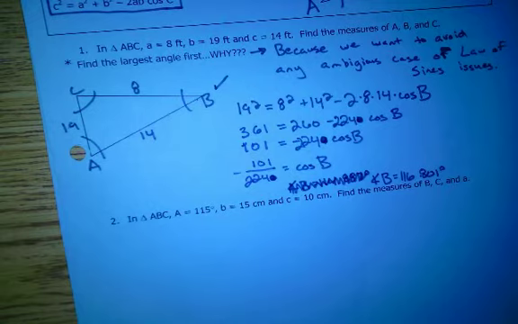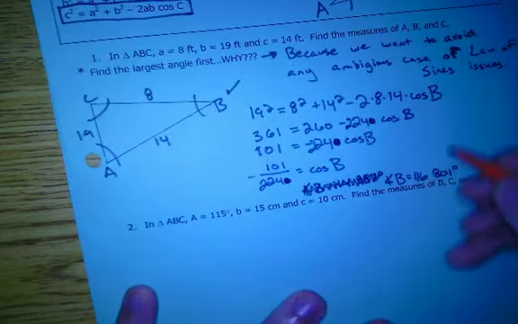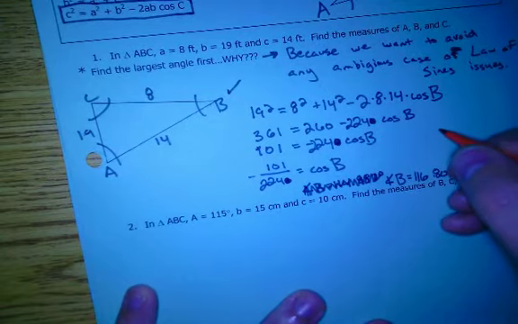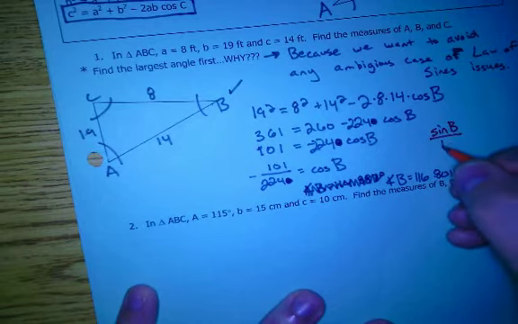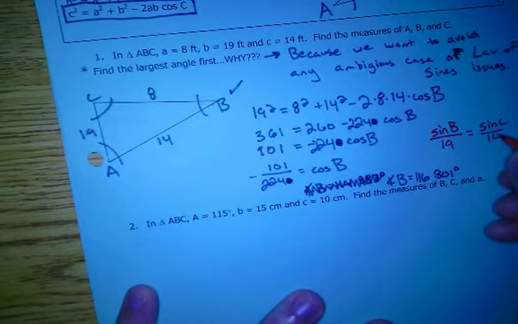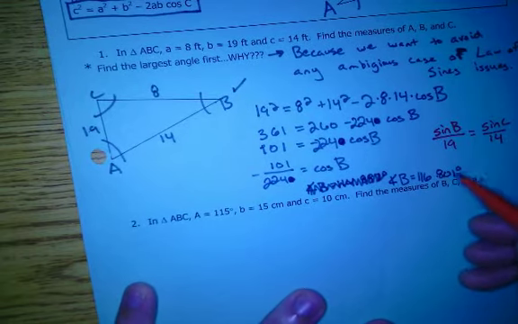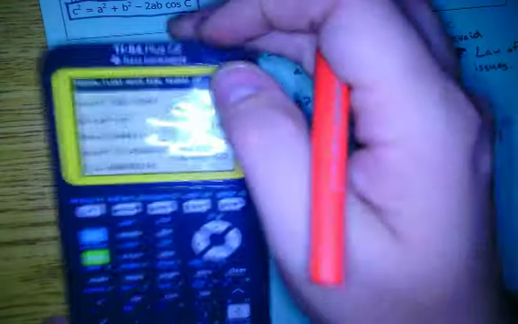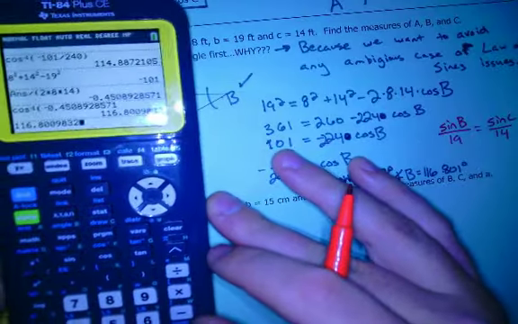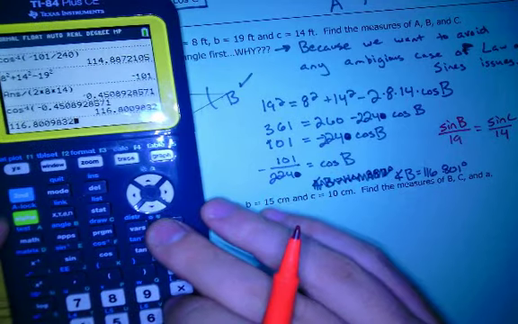Much easier that way. So I have the angle B, so I'm going to do sine of B over 19 equals sine of C over 14. Now for B, I'm actually going to plug in the full version of this number. I have it stored right over here.